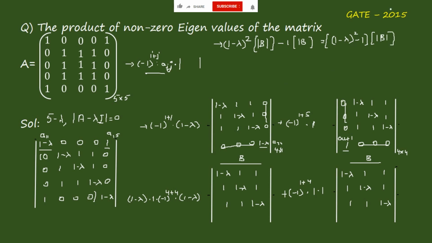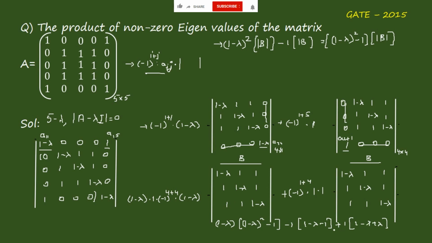So first we'll find the determinant of this particular matrix. It becomes 1 minus lambda into 1 minus lambda whole square minus 1, and the next term is minus 1, and this is 1 minus lambda minus 1, plus 1 into, it becomes 1 minus 1 plus lambda, right?